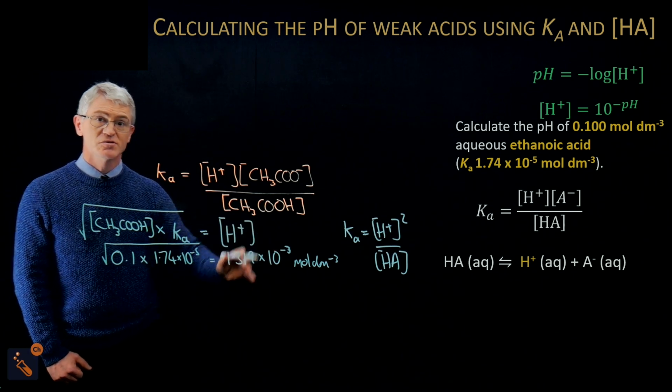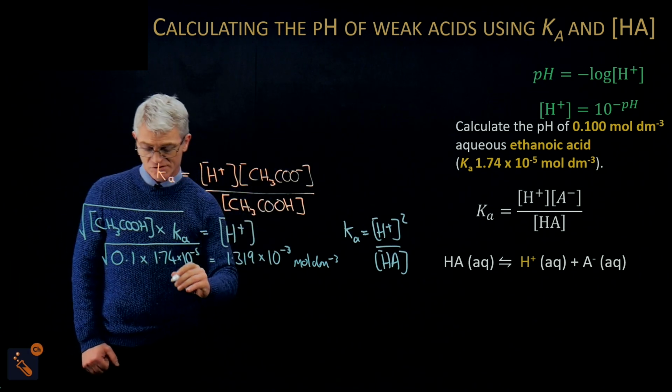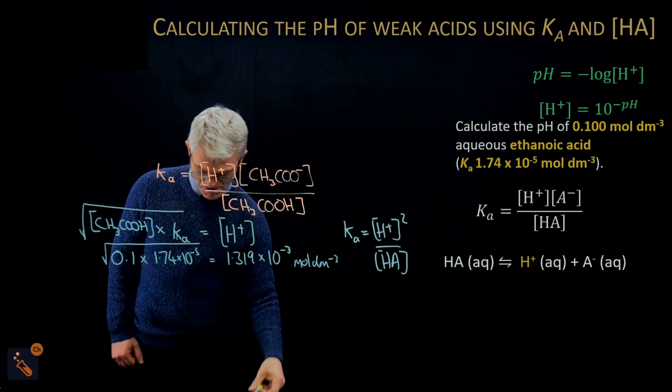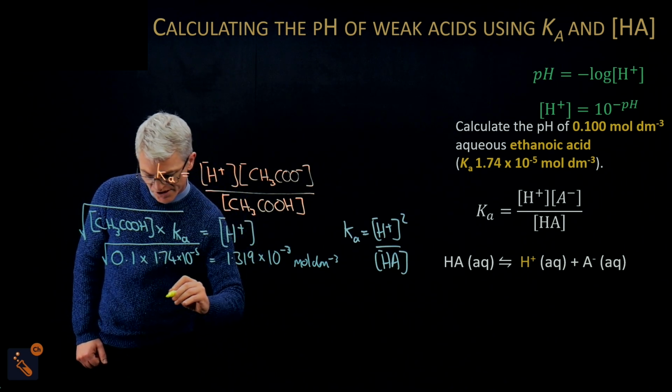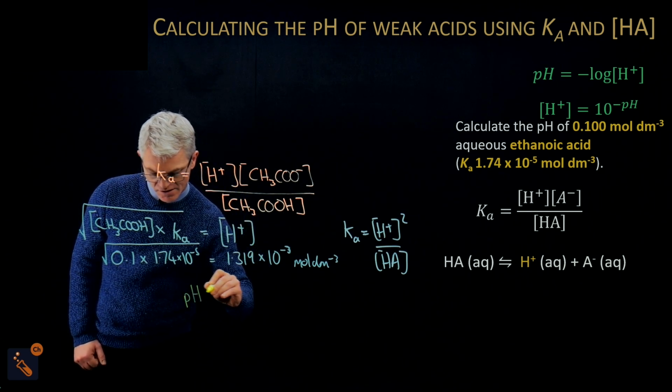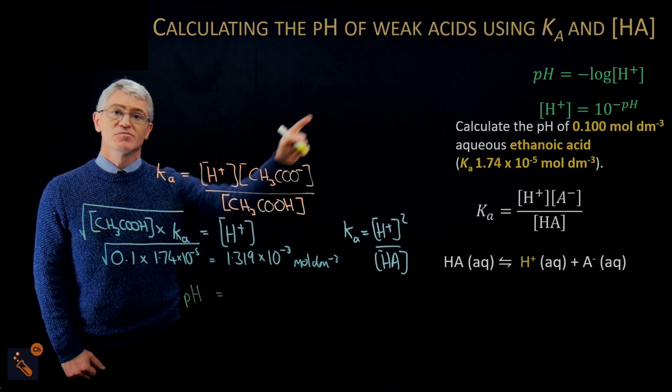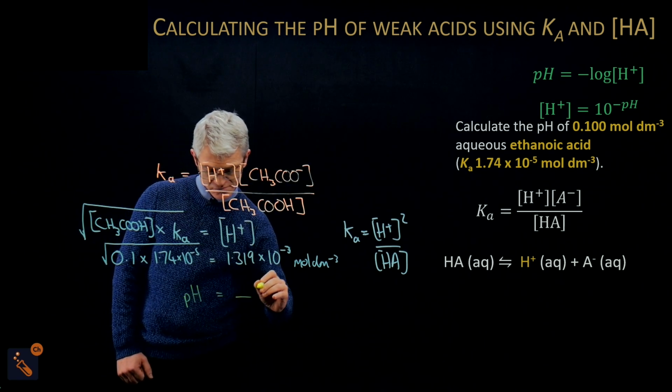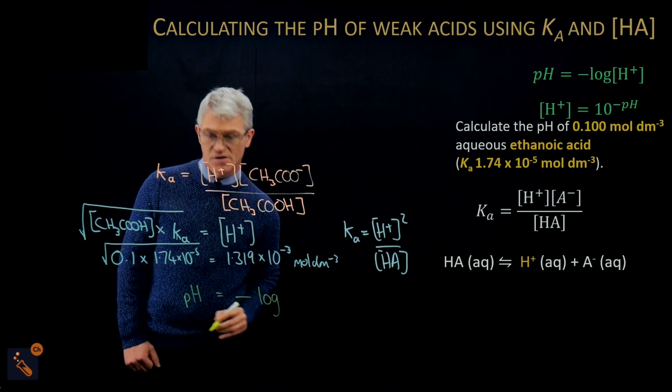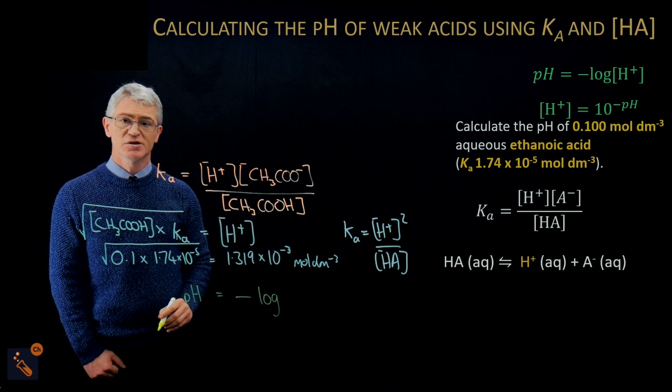Then all we do is we take our equation up here and go, right, let's try a different colour now, which will be pH. I'm going to look at minus log of H plus. And there you go, minus log of H plus.